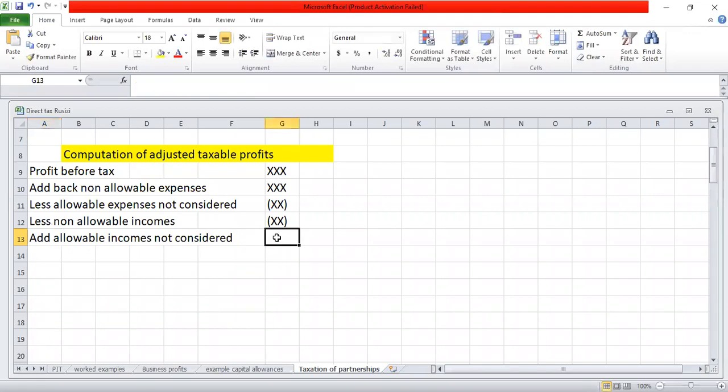The incomes are allowed for tax, but during the computation, those incomes were not considered. Then you are going to have your adjusted business profit.